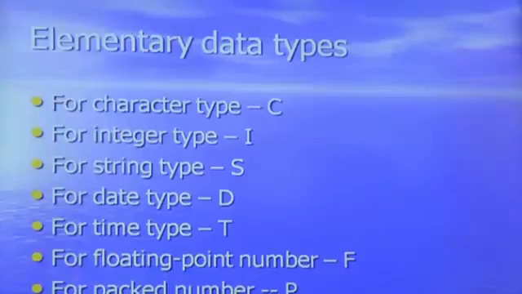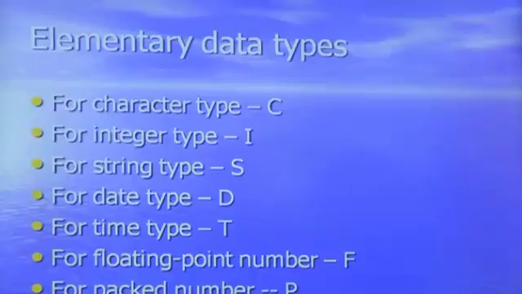On SAP we can define the data type as C. And for whatever integer values, that means numerical values, we can make it I. The string type is S, and the date format like DD, MM, YY, YY is type D, the time type is T, the floating point number is F, and the packed number will be P.